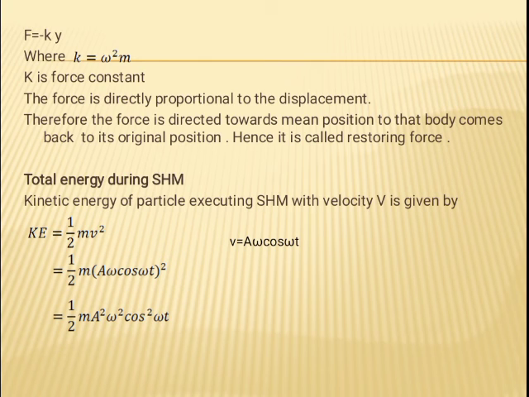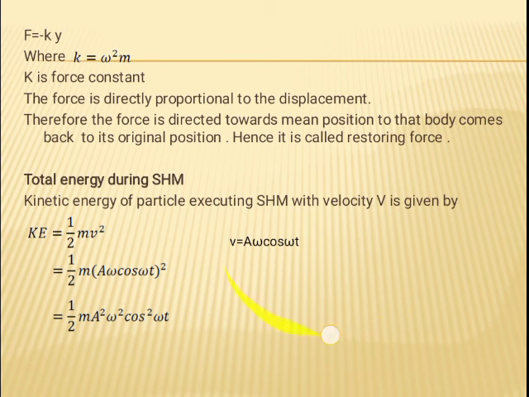Now if I consider the particle moving to and fro, during the motion the particle has an energy that is called the kinetic energy. And when a particle is at rest, what is that? When it reaches the extreme ends, its velocity becomes less. Almost, I can say it is at rest.